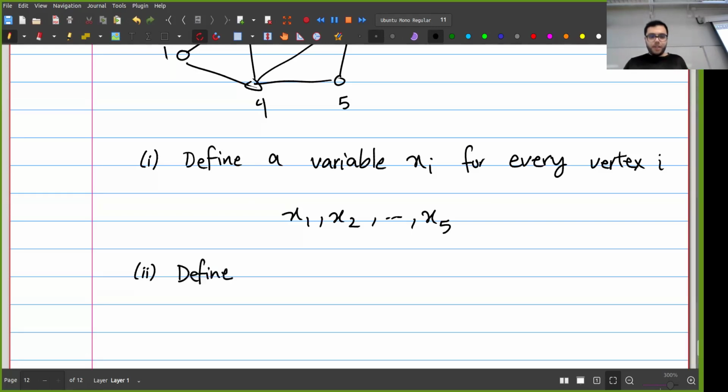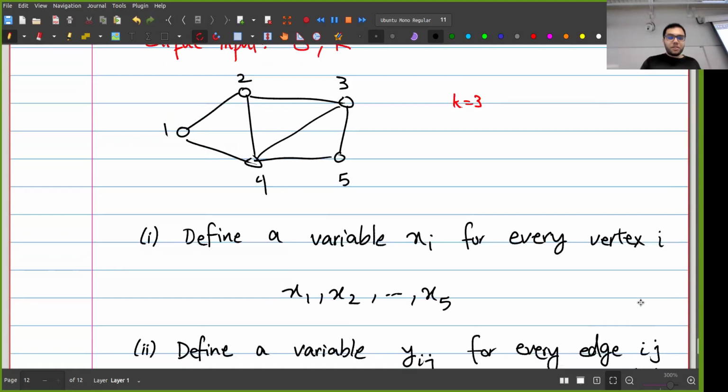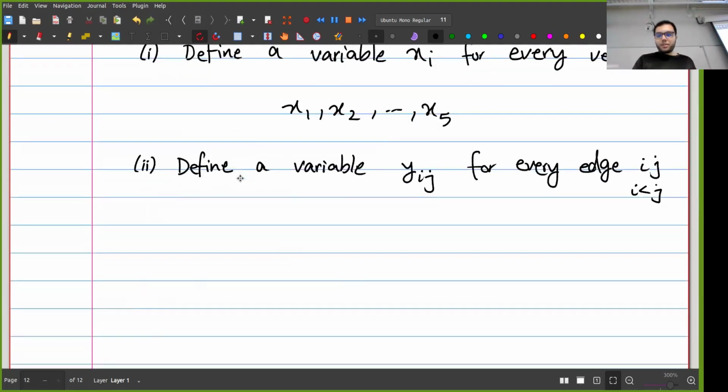Okay, so define a variable, let's call it yij, for every edge ij. And this is for i's that are less than j. So I'm putting an order on it. So for example, I will have y12, y14, and so on.